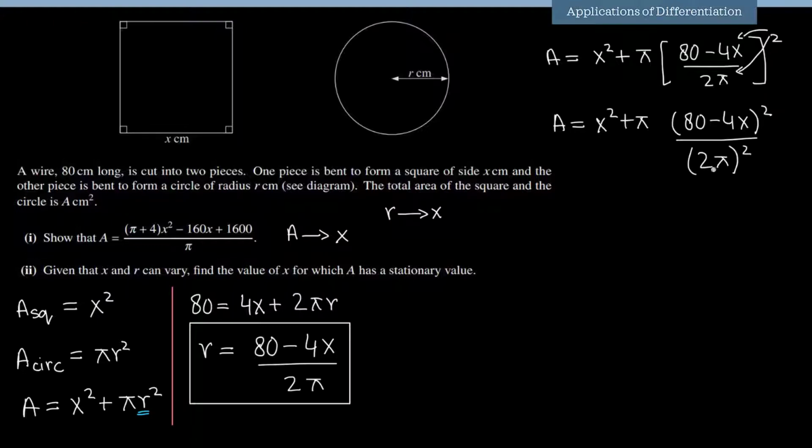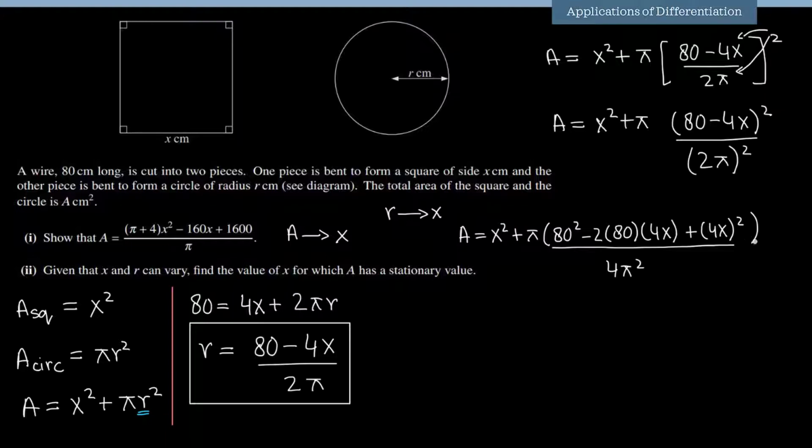Now (2π) whole squared is 4π², so the area would be equal to x² plus π divided by 4π², and to expand the numerator I'll use the formula (a − b)², which is a² − 2ab + b². So this would be 80² − 2 times 80 times 4x + (4x)².